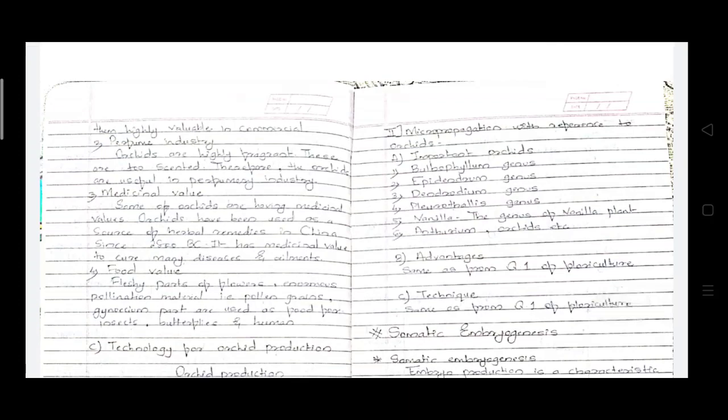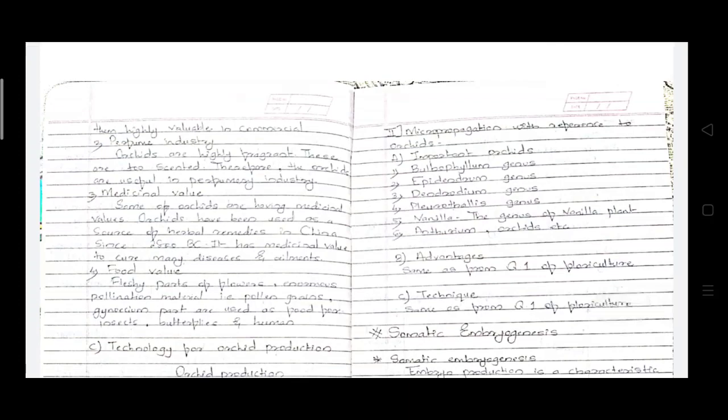The next importance is the medicinal value. Some orchids have medicinal value, because orchids have been used as a source of herbal medicines in China since very early times.